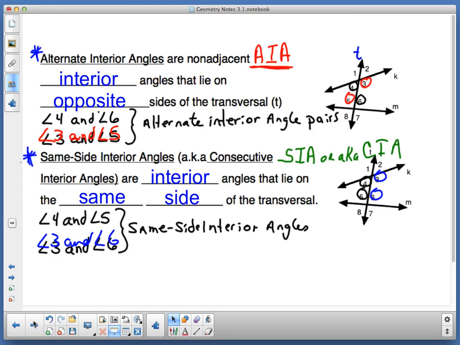So the words we use as their names are also describers of where all those angles should be, I hope. So we start making connections with that as we look at the diagram itself. The numbers will change throughout because I can place numbers on the diagram however I'd like, but the position of the angles themselves are all about where they're located next to the transversal. Questions about these?